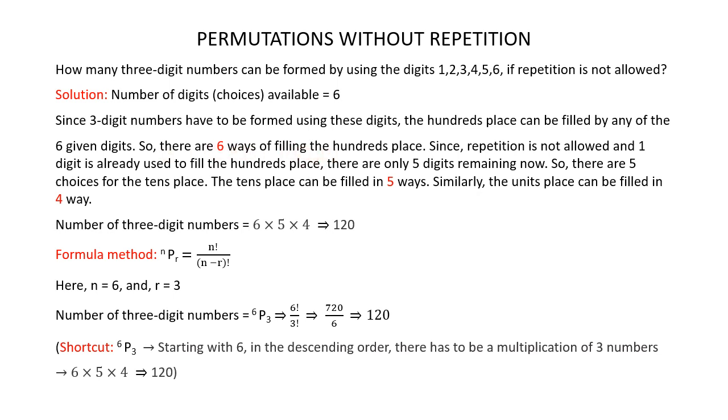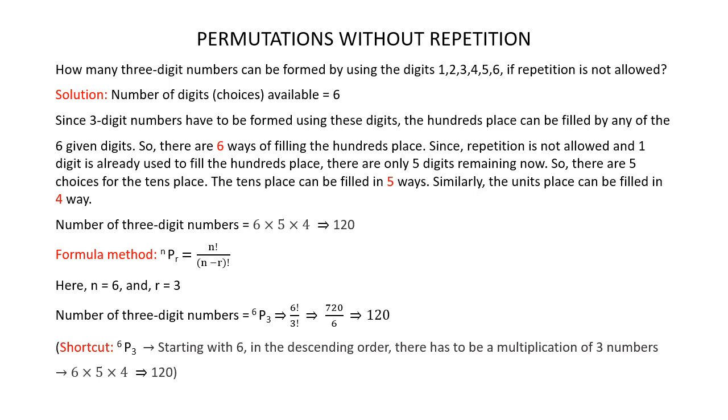Now, since repetition is not allowed and one digit is already used to fill the hundreds place, there are only 5 digits remaining now. So, there are 5 choices for the tens place. So the tens place can be filled in 5 ways.